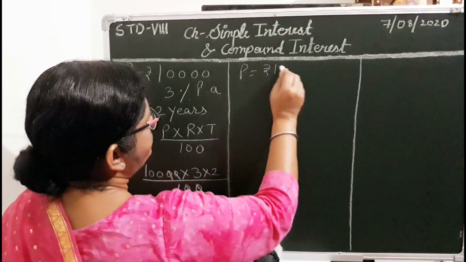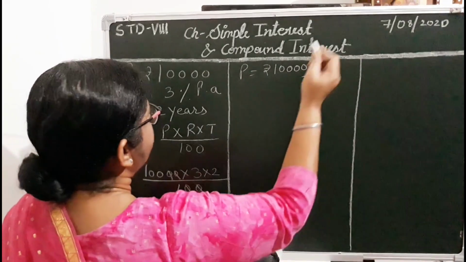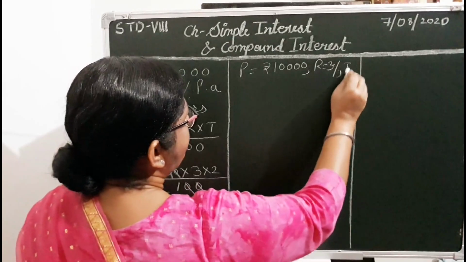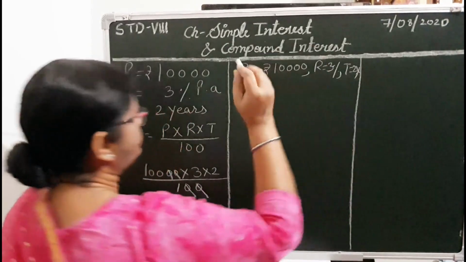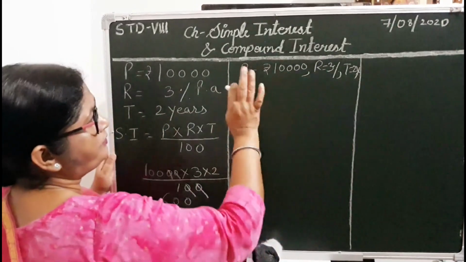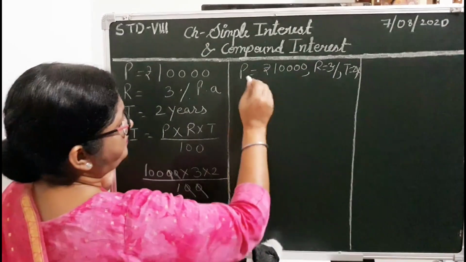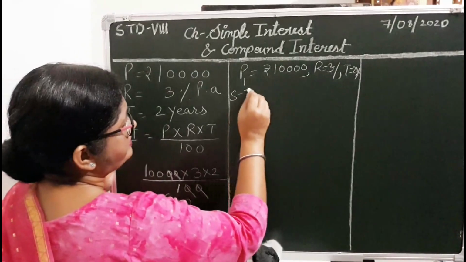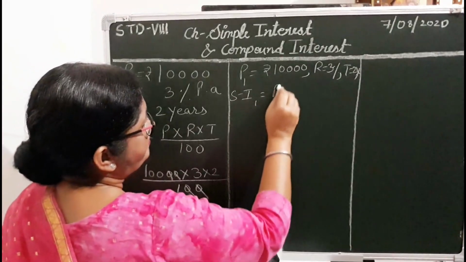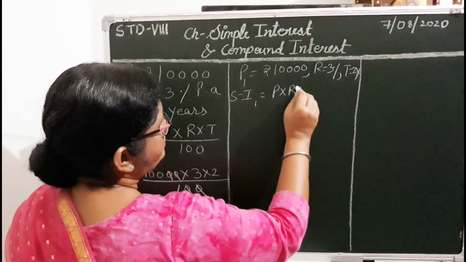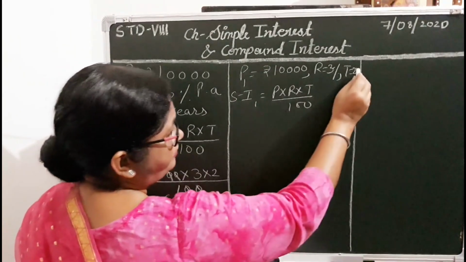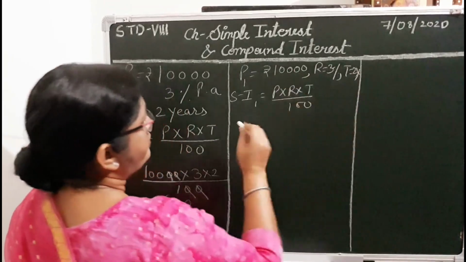Principal is equal to rupees 10,000, rate 3%, time 2 years. According to the first formula, P means P1. Simple interest 1 is P into R into T over 100. Now we will take T as 1 year, then 2 years, total 2 years.